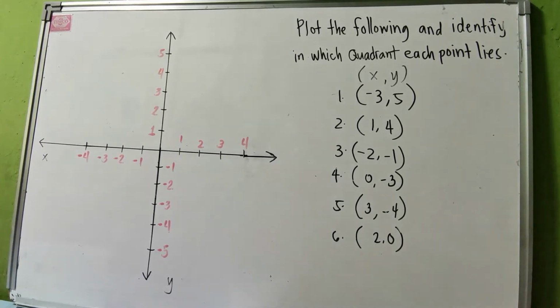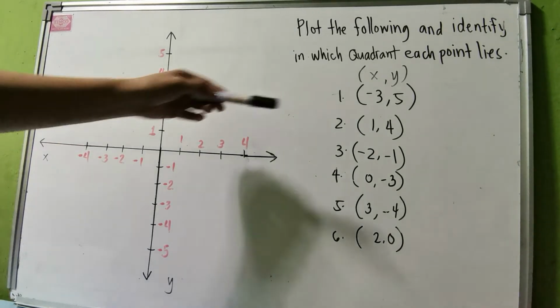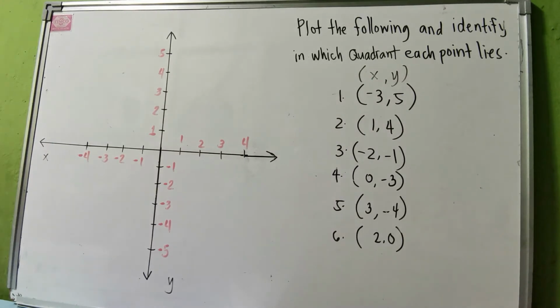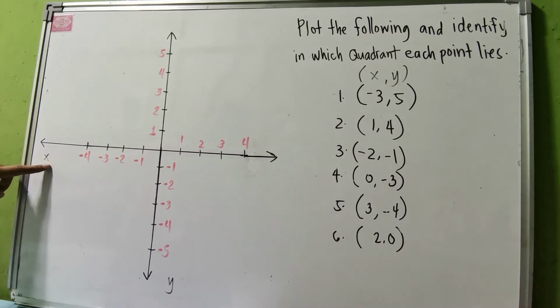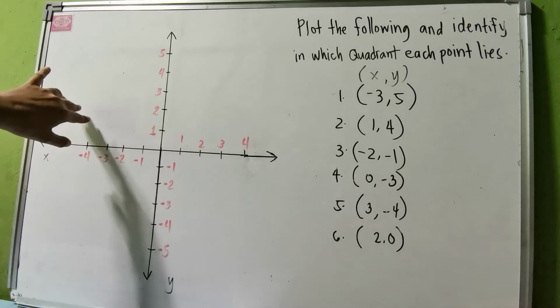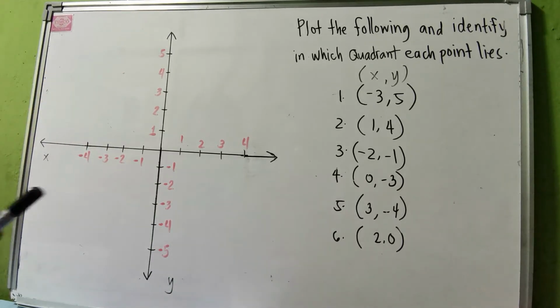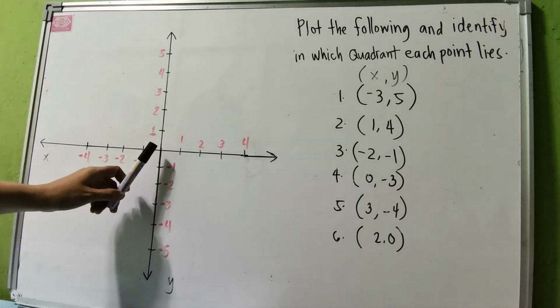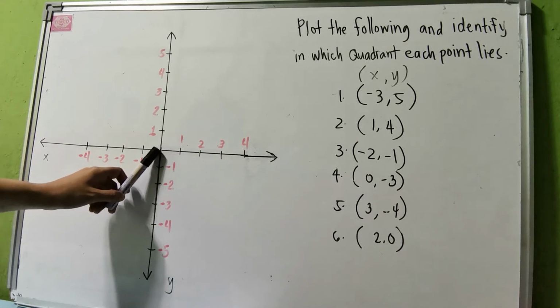So let's say we have number 1, (-3, 5). So in (-3, 5), take note na ang ating negative 3 ay yung x. Ibig sabihin, if this is our x-axis, ang ating negative x ay nasa left side. So, bibilang lang tayo ng 3 units to the left of our origin or (0, 0).